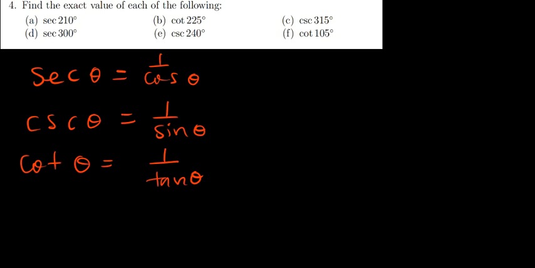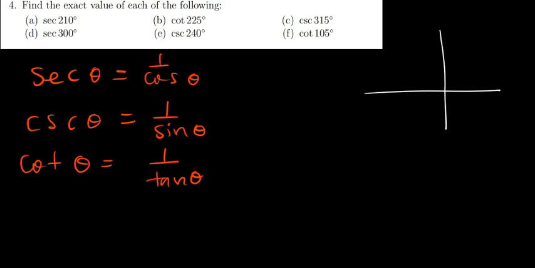Okay, so if we look at the first question, which is saying we should find sec 210. The first thing is we have to find the reference angle. So what is the reference angle?